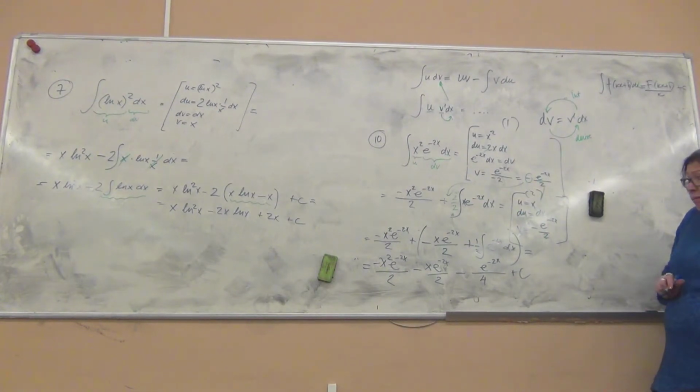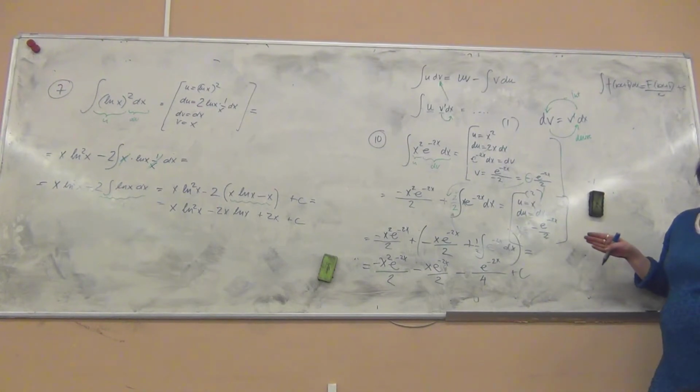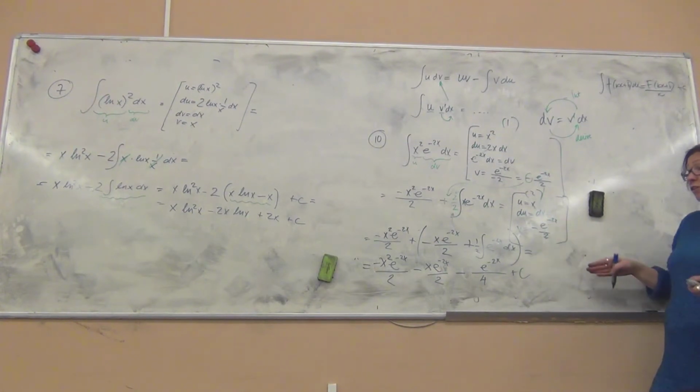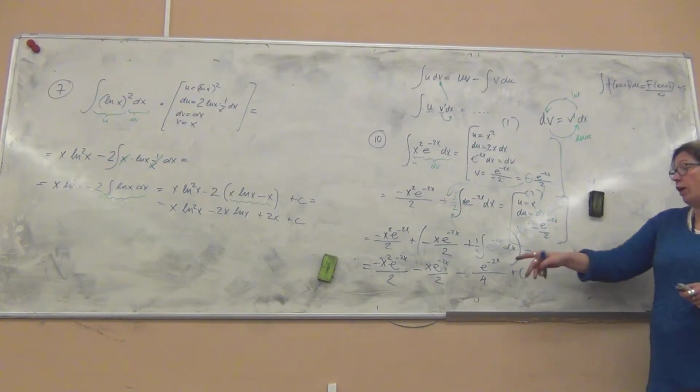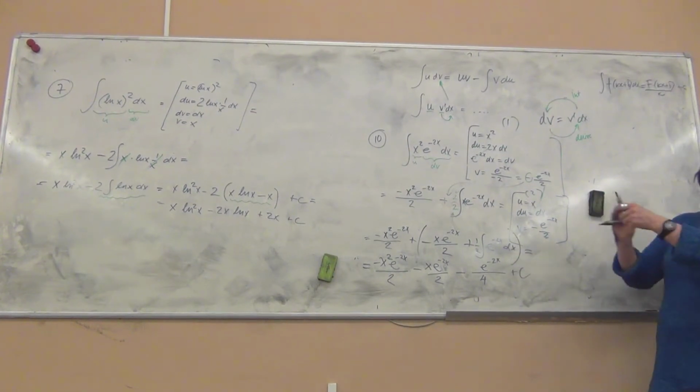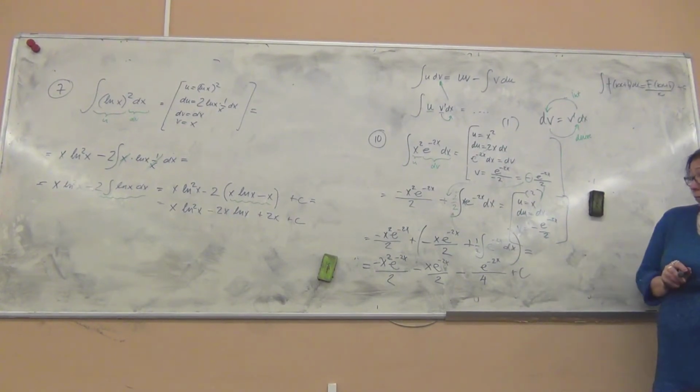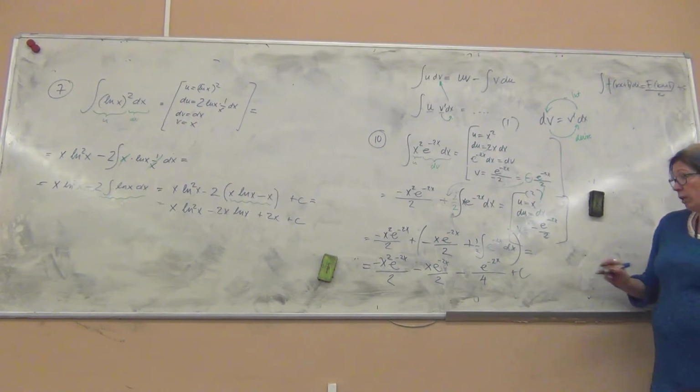You may put everything on the same line, or you might not. That's whatever you like, there's no need. You don't have to take e to the power minus 2x outside. If you like, you can. It might make things simpler.